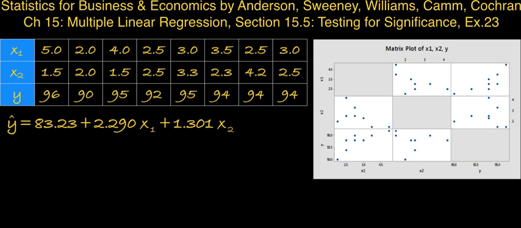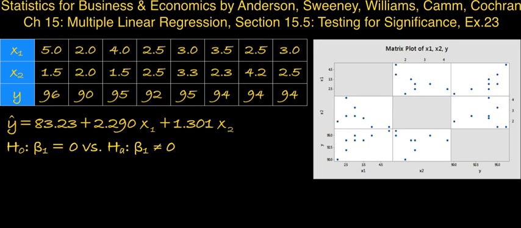Next, we're going to use alpha equal 0.05 to test the significance of beta 1 to find out whether x1 should be dropped from the model. So this time our null hypothesis is just that beta 1 equals 0 versus the alternative that beta 1 is not equal to 0.